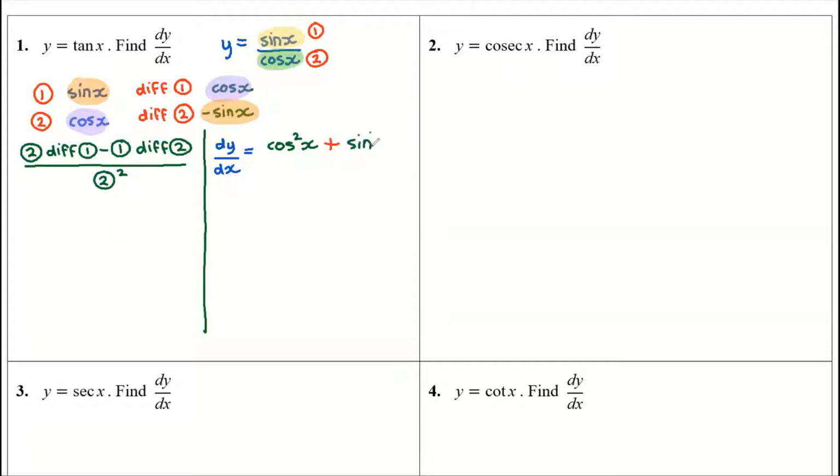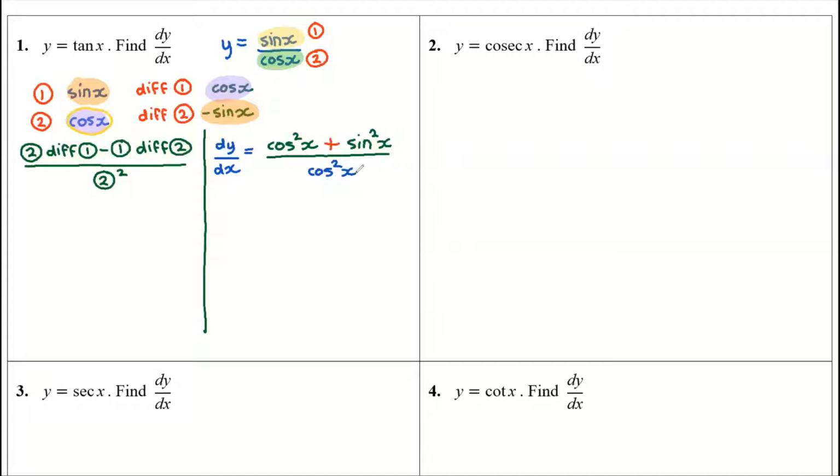That's an interesting start already, isn't it? Cos squared x plus sine squared x in the numerator, all over function 2 squared. Function 2, which is of course here, is cos x. Square that, and we get cos squared x in the denominator. Isn't that nice?